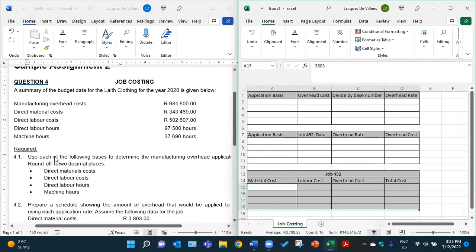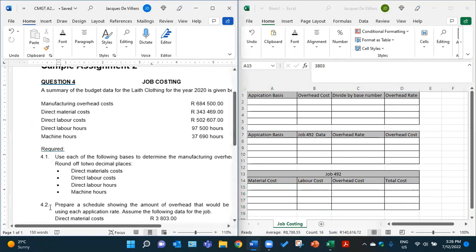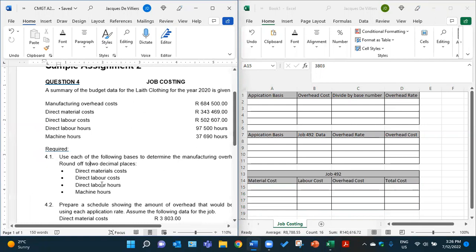It says, use each of the following bases to determine the manufacturing overhead application rate and round it to 2 decimal points. Okay.